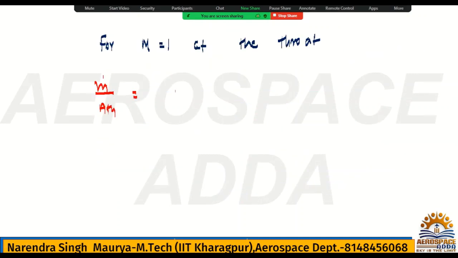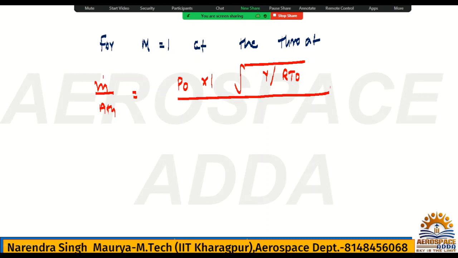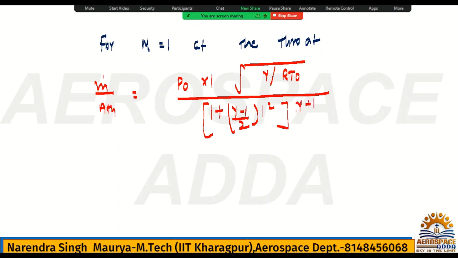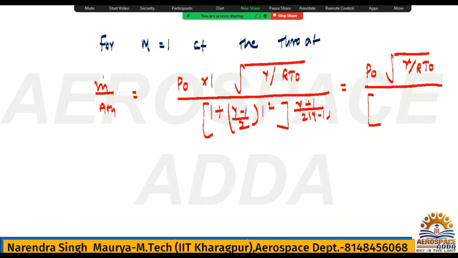So it is nothing but m dot divided by A_th, and what is the formula? P naught times M, with M equal to 1, in root gamma upon R T naught, divided by (1 plus (gamma minus 1) by 2 times M squared) to the whole power (gamma plus 1) divided by 2(gamma minus 1). Yes or no? Now if you solve this bracket, since 1 squared is 1, it becomes (gamma plus 1) by 2 to the whole power (gamma plus 1) divided by 2(gamma minus 1).